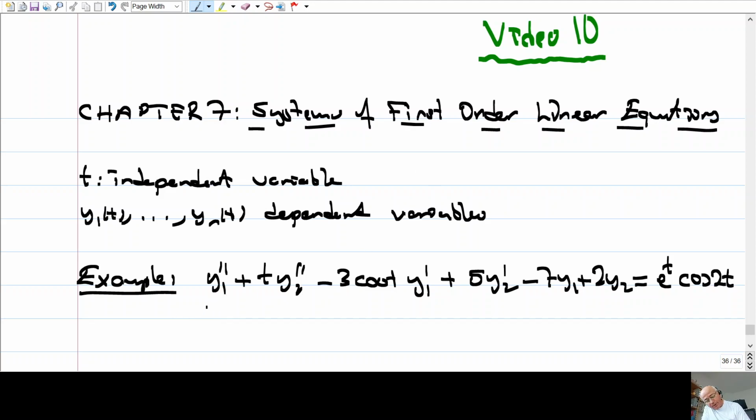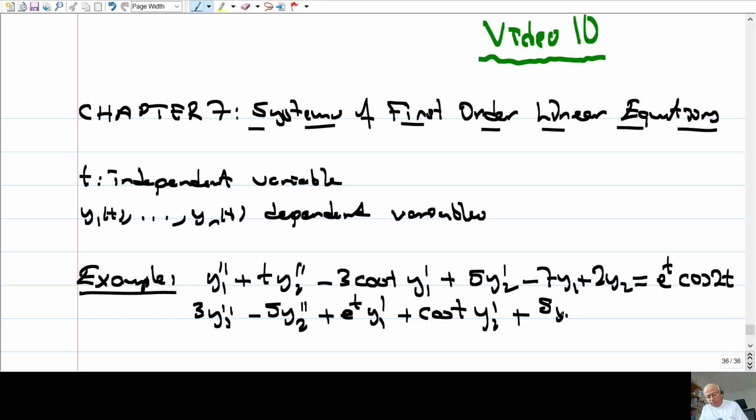Another one, let's say, 3y1 double prime minus 5y2 prime, y2 double prime plus e to the power t y1 prime plus cosine t y2 prime plus, let's say, 5 y1 and plus, let's say, 3y2 equals 0.